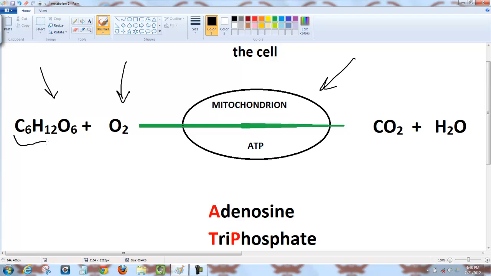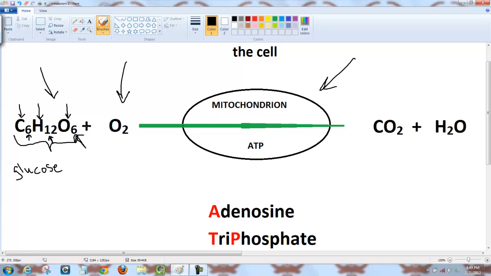Now this is a chemical description of glucose. As we can see, glucose is made up of carbon, hydrogen, and oxygen in a very specific arrangement. We have 6 carbon, 12 hydrogen atoms, and 6 oxygen atoms all grouped together.